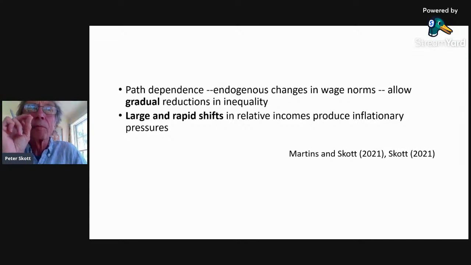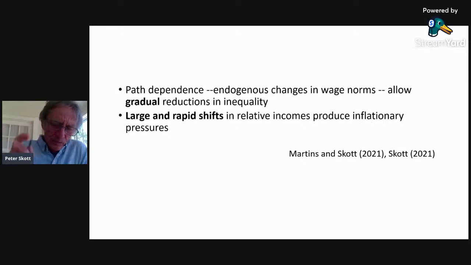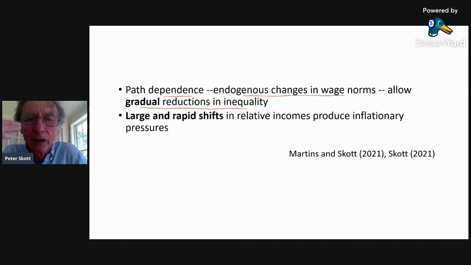So what does that mean? If you have these path-dependent wage norms, the fact that they're path-dependent means that they can change endogenously, but it takes a while for them to change. So what you can get is gradual reductions in the wage premium without necessarily sparking hyperinflation, explosive inflationary processes.